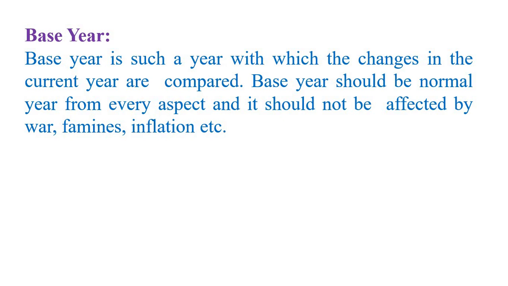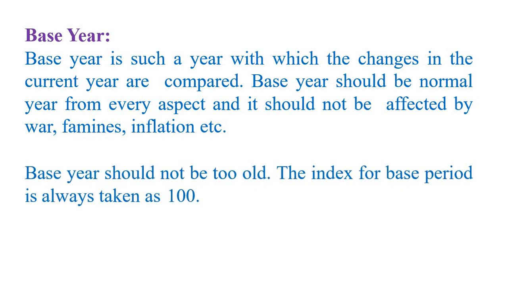It should not be affected by wars, famines or inflation. Then the base year should not be too old. The index for the base period is always considered as 100.